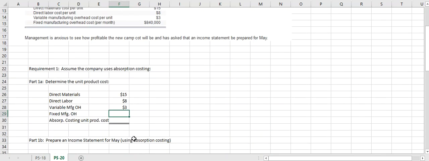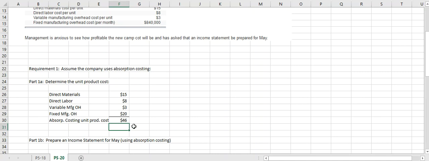So we're going to divide 840,000 divided by 42,000 units produced. And I forgot my little equal sign there. So we should have fixed manufacturing overhead of $20 per unit. So we add those items, we will come up with absorption costing unit product cost of $46 a unit.